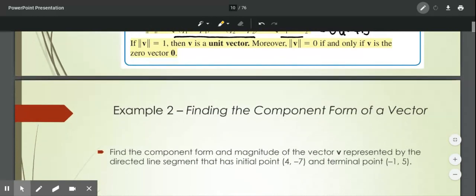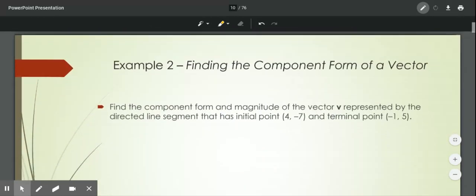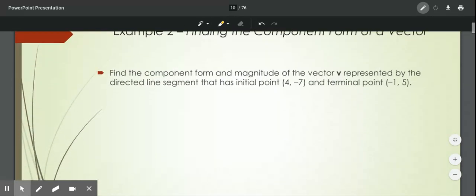All right, are we ready to find the component form of a vector? All right, so find component form and magnitude of a vector represented by the directed line segment that has the initial point 4, -7, and the terminal point -1, 5. So if we have to find the components of vector V, remember we are going to subtract terminal minus the initial.